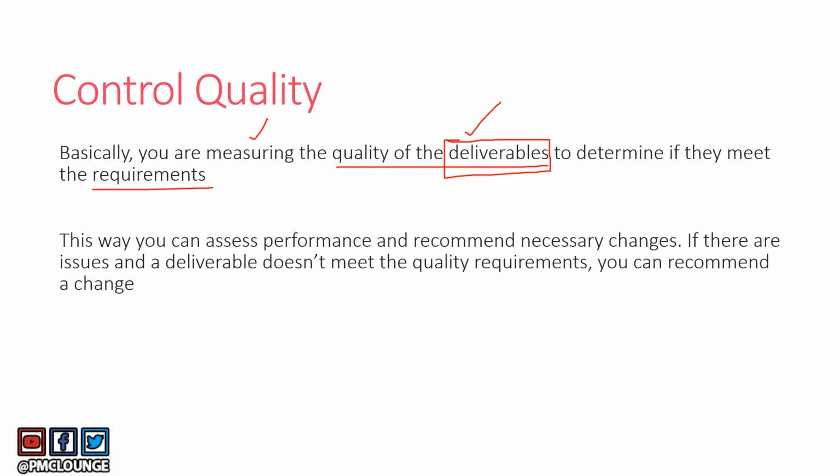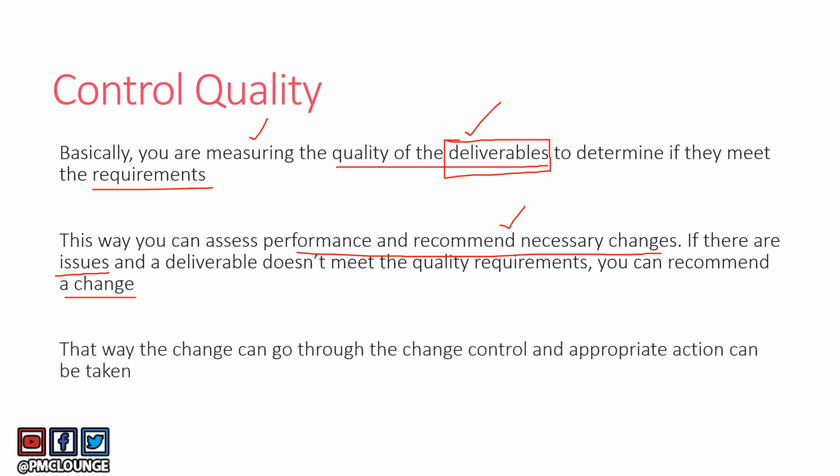This way, when you're doing this measurement, you can assess the performance and recommend necessary change. So in our example, you assessed the performance and you thought that the flooring was not up to the mark, and you suggested a change, and that was to change the flooring for all 10 floors. So if there are issues, which there were in our previous example, and a deliverable doesn't meet the quality requirements, you can recommend a change, which is exactly what we did in our previous example.